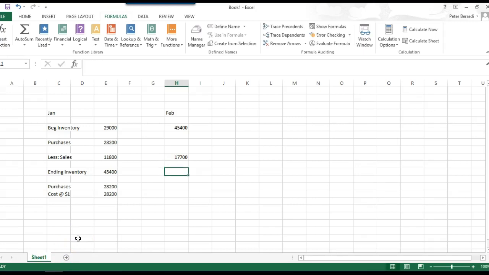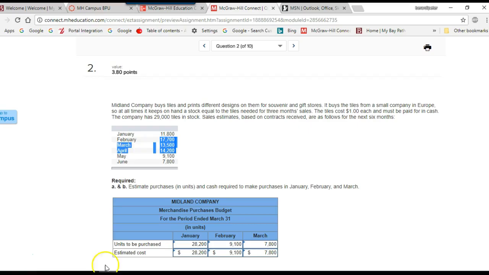Ending inventory is going to be 3 months. So for February, we're going to take 13,500, 14,200, and 9,100, 3 months ahead: March, April, May.